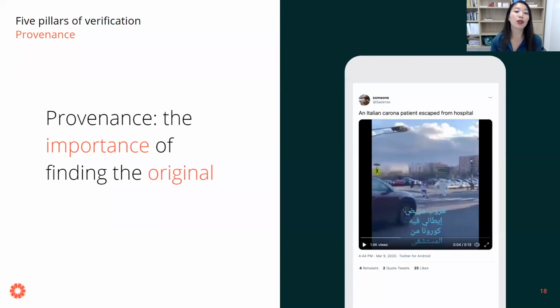And actually, if you do some reverse image searches, you realize that the video has been online since at least 2015, and it was taken in New Jersey in the US. So it being from well before 2020 means that it's completely unrelated to the pandemic. So the caption is definitely false.